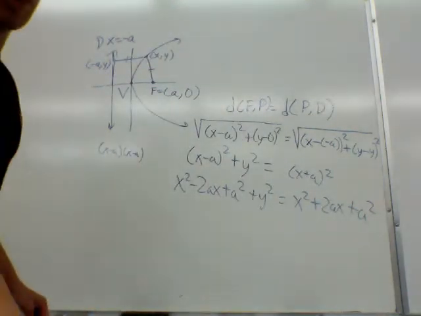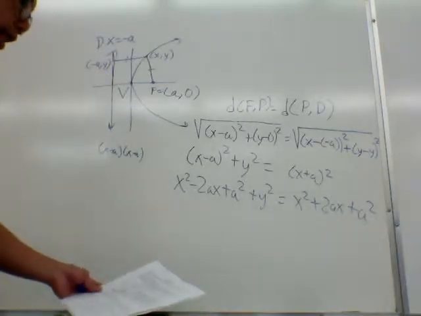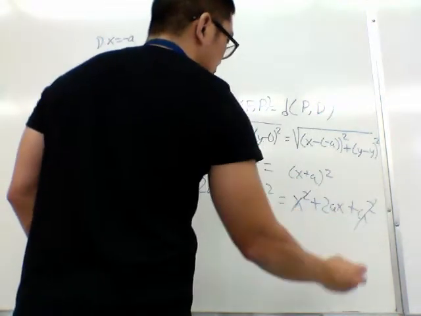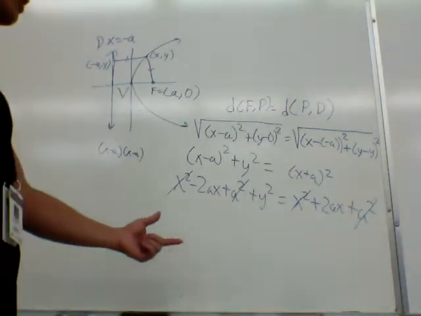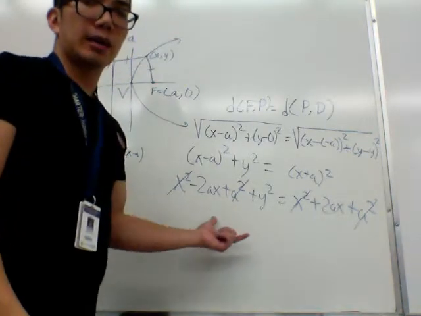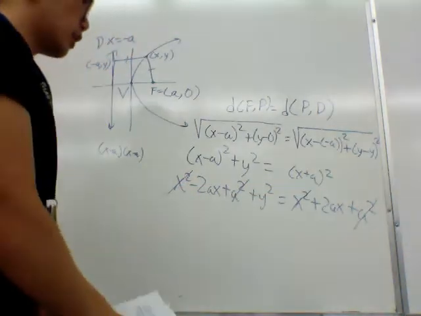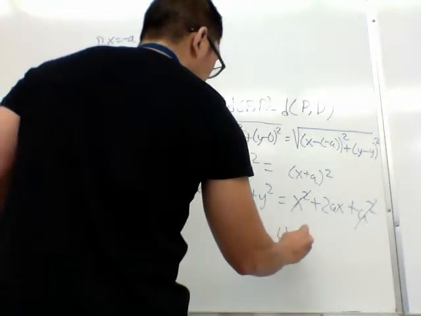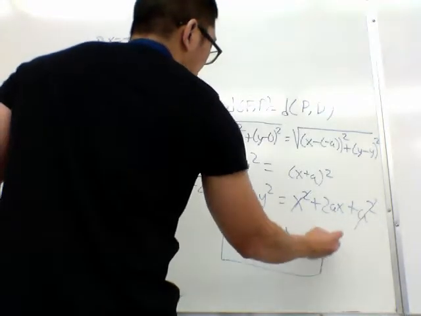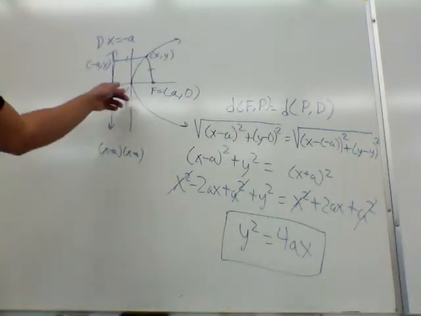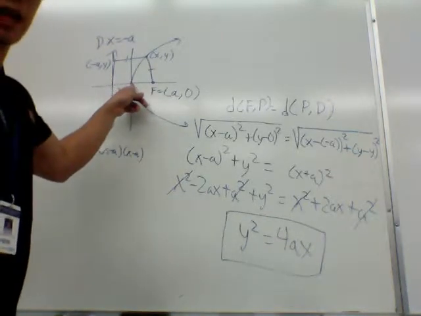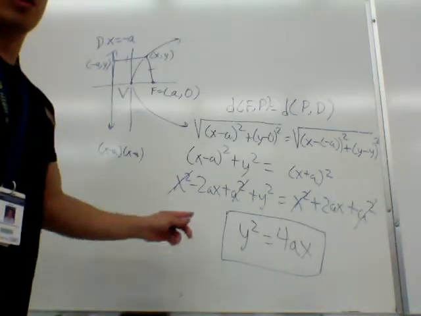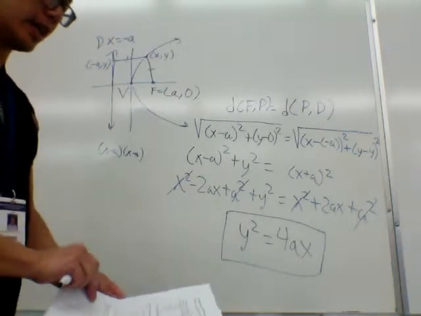However, if we have common terms on opposite sides, they could cancel. So my x squared and my x squared cancel, and my a squared and my a squared cancel. I'm going to leave my y squared on the left side, and bring the like terms to the right side. So my final equation here is y squared is equal to 4ax. And this is the formula for a parabola with the vertex at the origin and the focus to the right of the vertex. y squared is equal to 4ax.